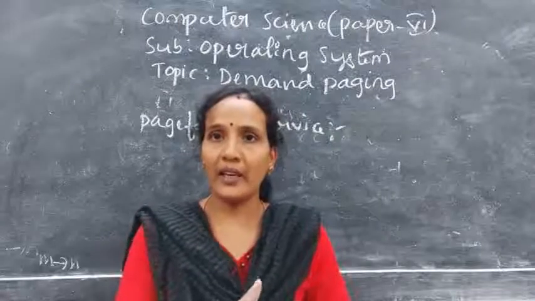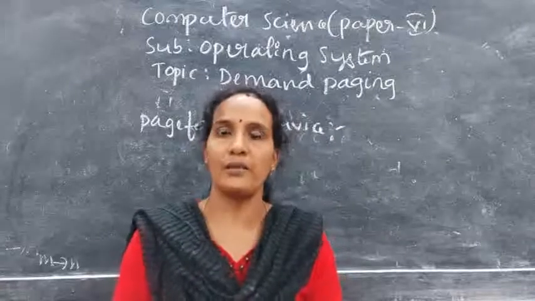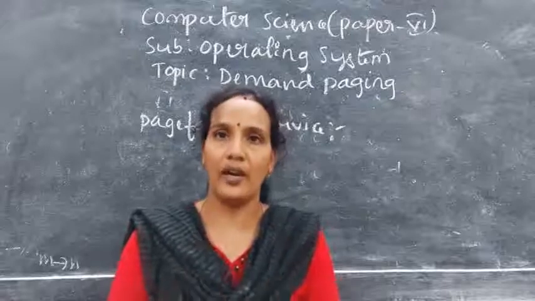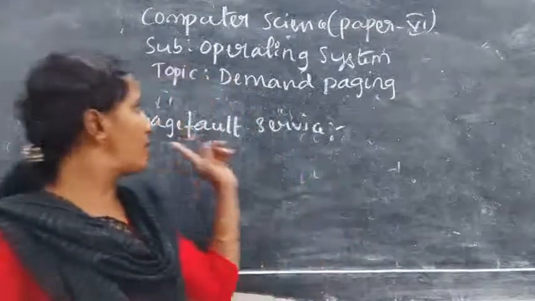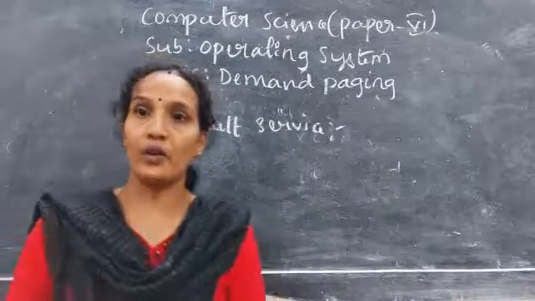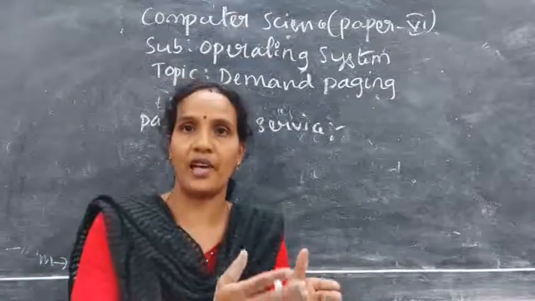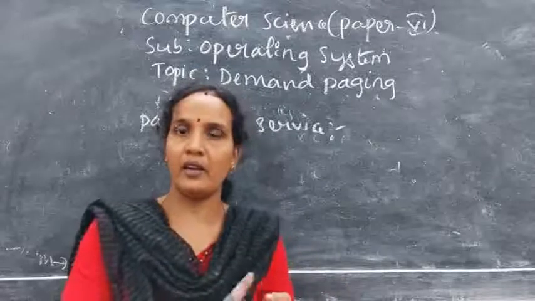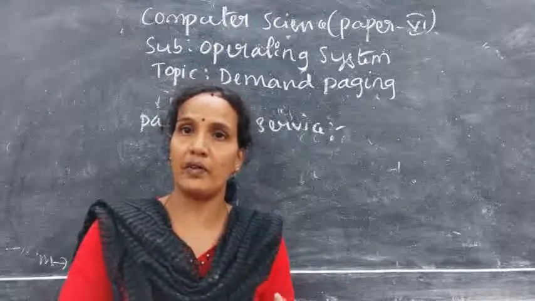So in order to carry out all these functions, how much time is required? That time is called the page fault service. The total time required to perform the steps whatever I have explained. Checking valid or invalid. If it is invalid, the control is given back to the operating system.